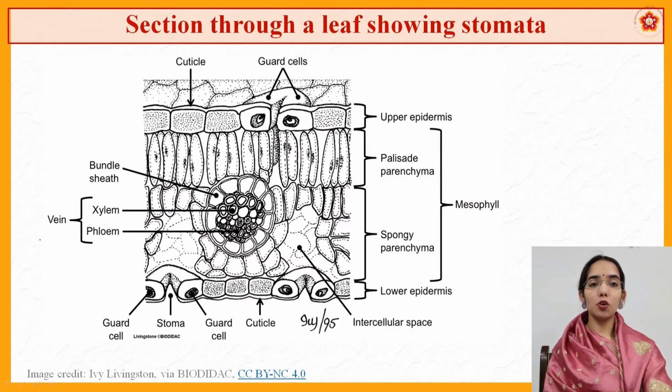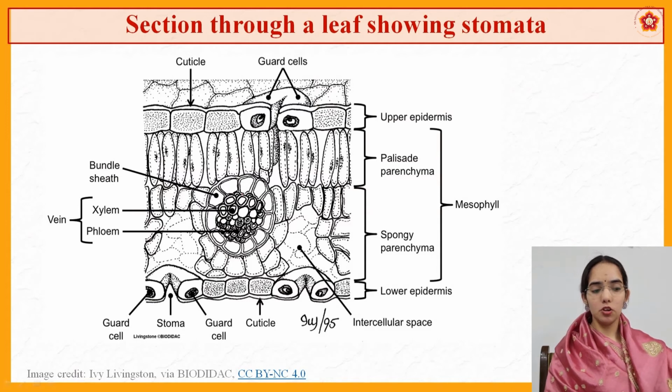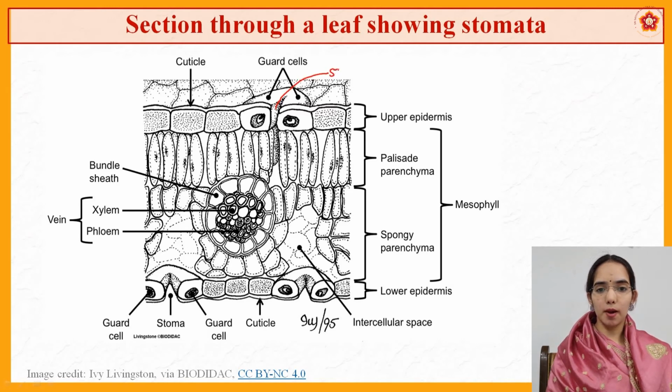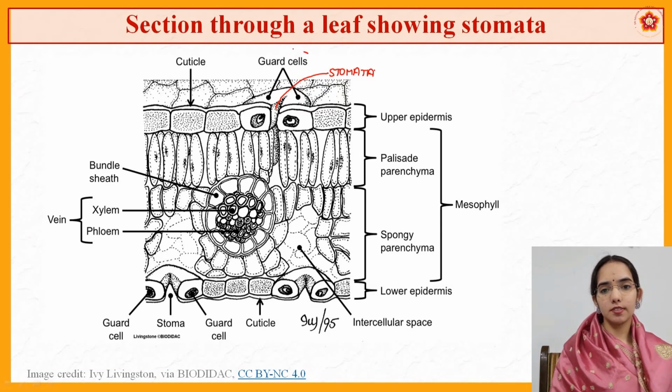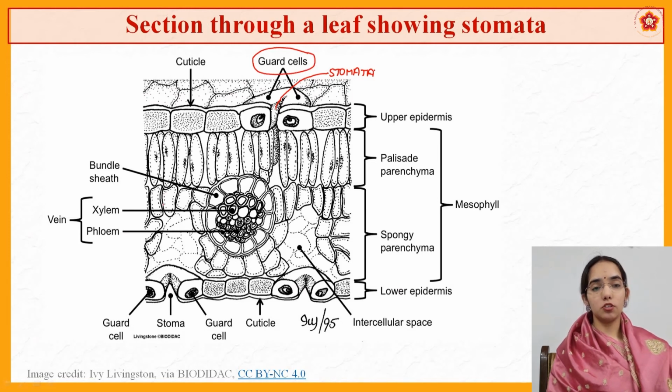Here is a cross section of a leaf where you can see stomata. As you can see over here, guard cells are the cells which surround this opening of the stomata. So this is the stomatal pore, and this stomatal pore is surrounded by guard cells. What do guard cells do?